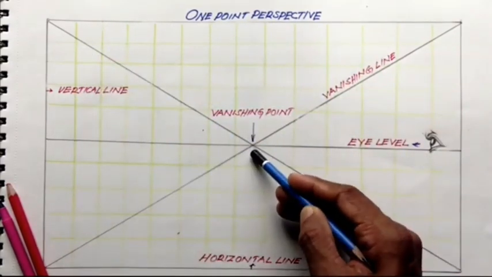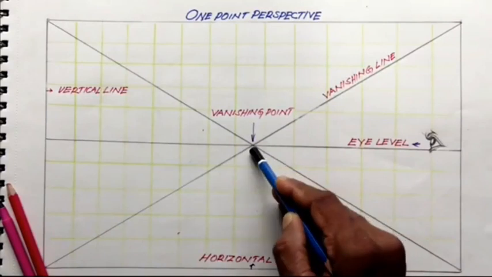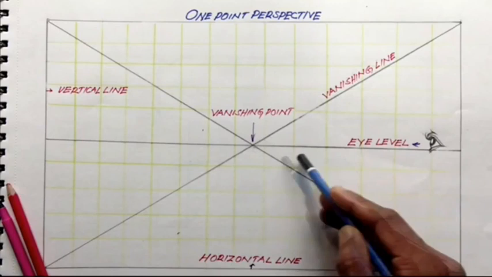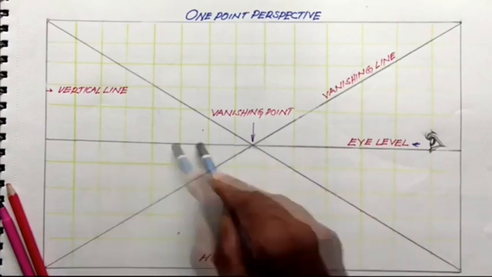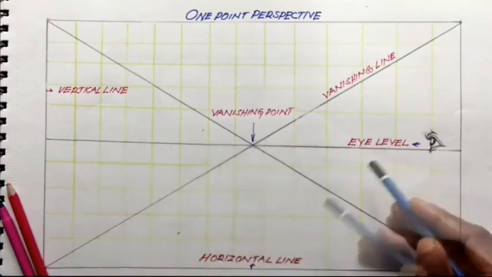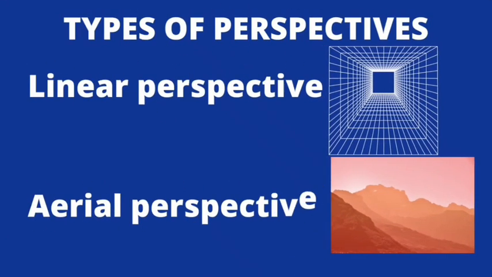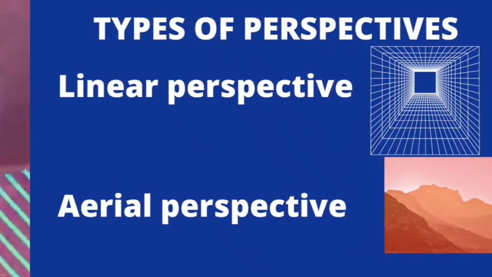The meeting point of vanishing line is referred to as vanishing point, and the center horizontal line is referred to as the eye level. There are two types of perspectives, and they include the linear perspective and the aerial perspectives.